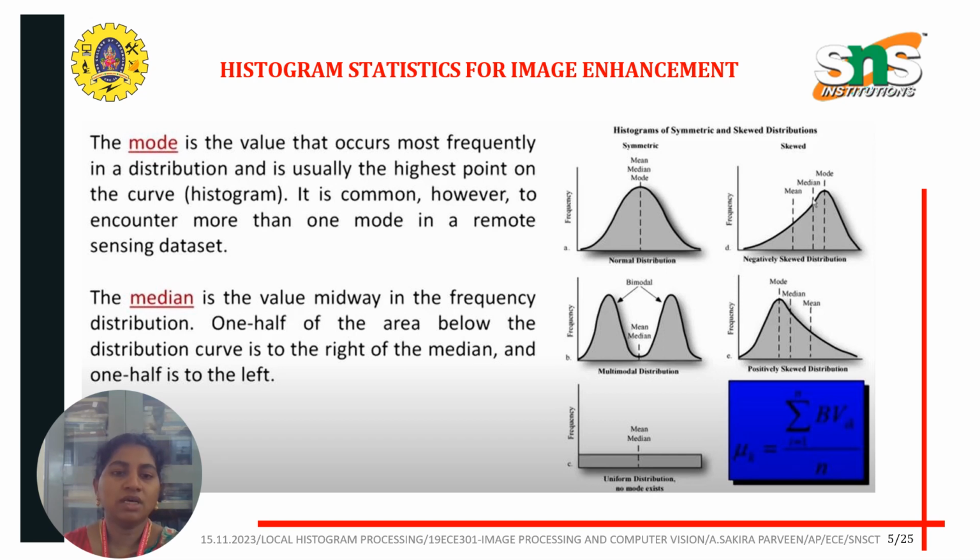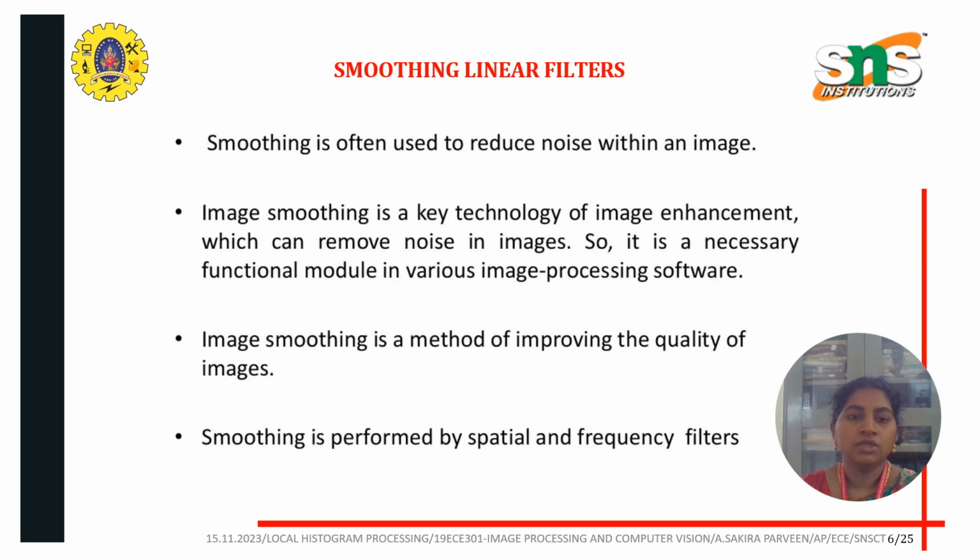The mode is the value that occurs most frequently in a distribution and is usually the highest point on the curve. And the median is the value midway in the frequency distribution. One half of the area below the distribution curve is to the right of the median and one half to the left.